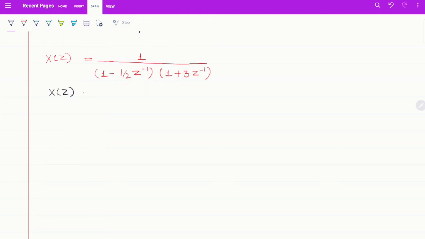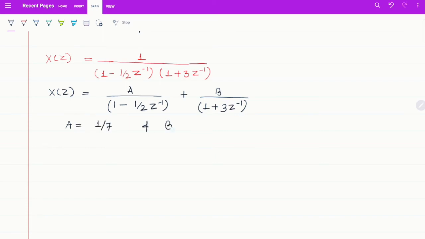X of z is equal to A divided by (1 minus 1 by 2 z inverse) plus B divided by (1 plus 3 z inverse). We all know how to do partial fractions, so if you calculate this you will get the value A is equal to 1 by 7 and B is equal to 6 by 7.